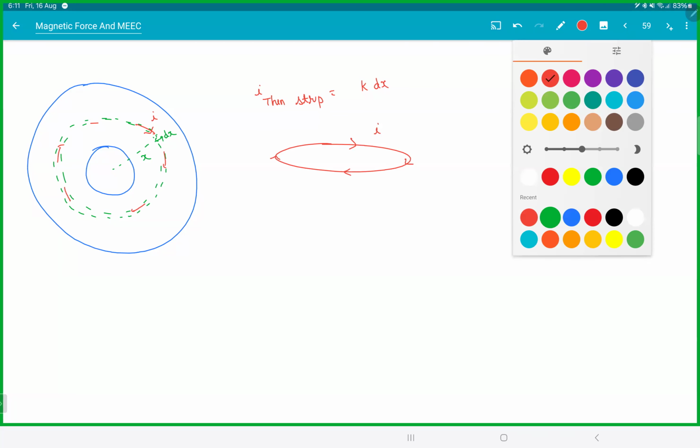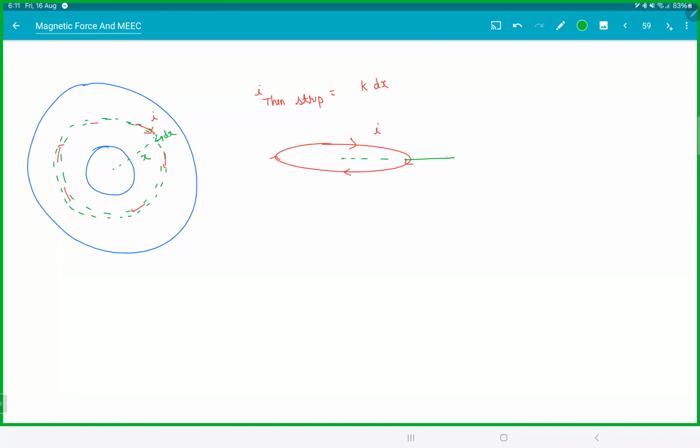And how is the magnetic field? The magnetic field is radial. That means at any instant, if you look at I dl cross B, dl would be this length, B is this, both are perpendicular. So I dl cross B will give you a force in the upward direction.